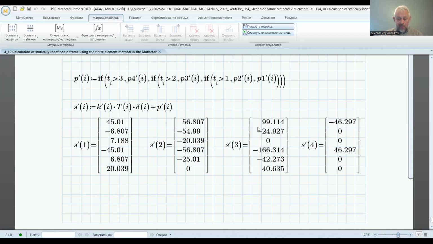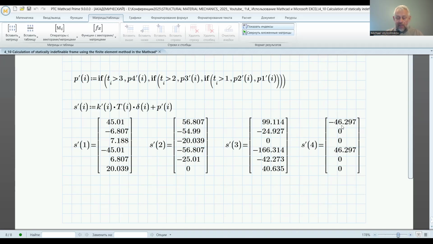These first three components at the beginning, the next three components at the end. Zero moment at the beginning because the hinge in node 3 does not transmit the bending moment, and the embedding at the end of the third finite element has a moment. This is the bending moment. And the fourth finite element, the vertical stand between node 3 and node 5 of the considered mechanical system.